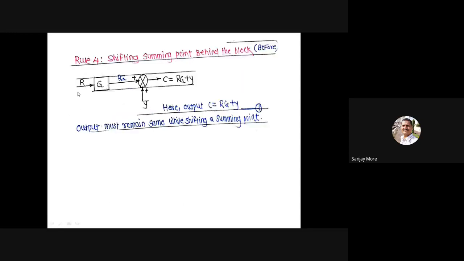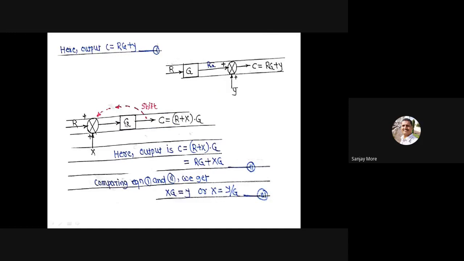Okay, see the diagram. Summing point shifted here. The output is equal to R plus X, into G. C is equal to R plus X into G, which is RG plus XG.